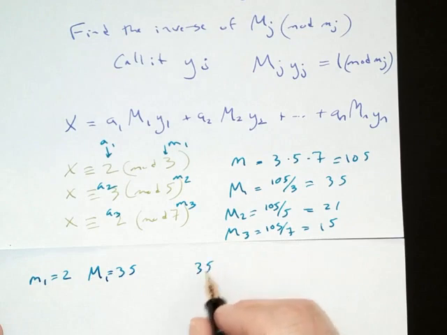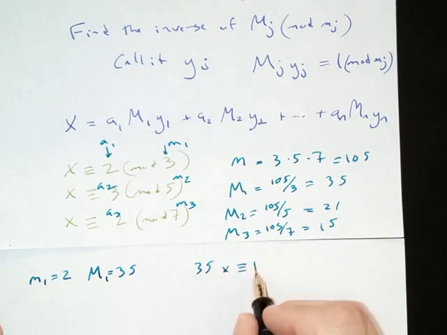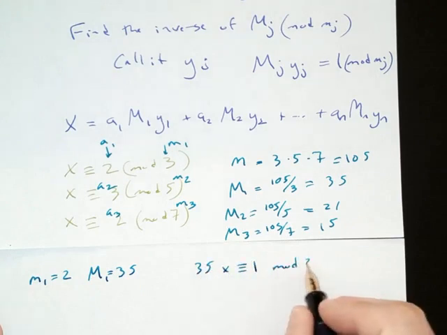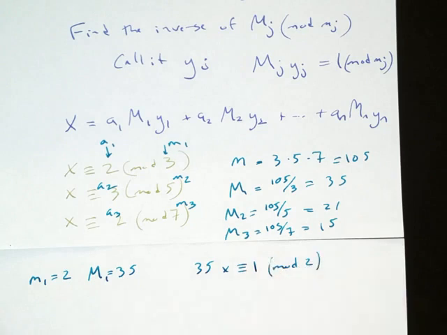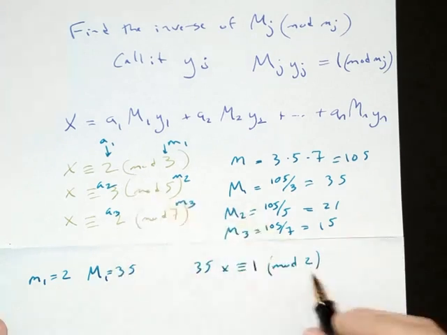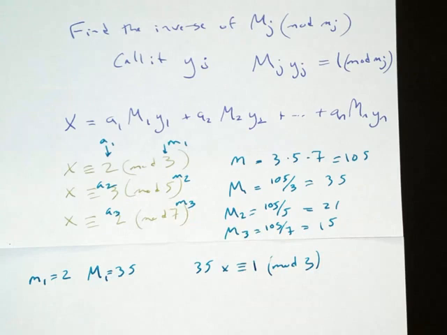I want to solve 35x congruent to 1 mod 3. Right? That's what finding the inverse is, finding the number that you multiply to get 1. I'm in the mod 3 universe. How many numbers are there in the mod 3 universe?